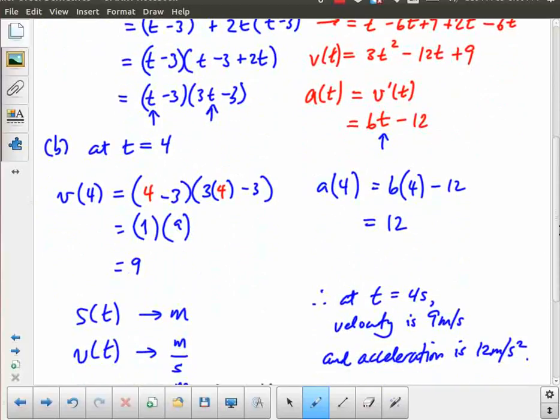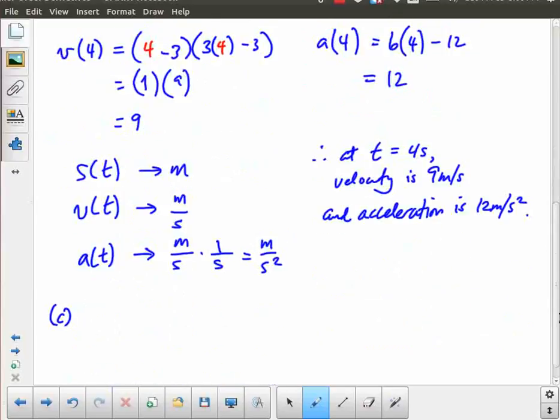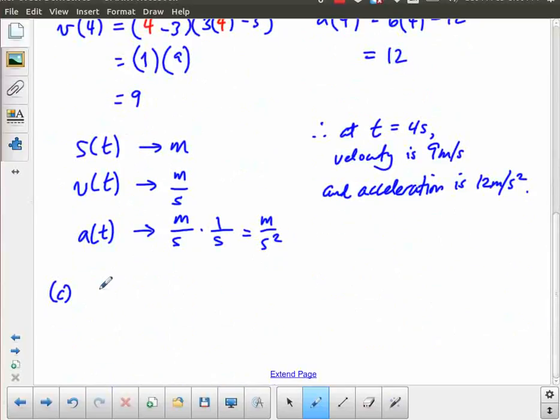So after 4 seconds, the velocity is already positive, and it's accelerating. So that means it's moving away from us at an increasing rate, or it is moving, so the velocity is positive and the acceleration is positive.